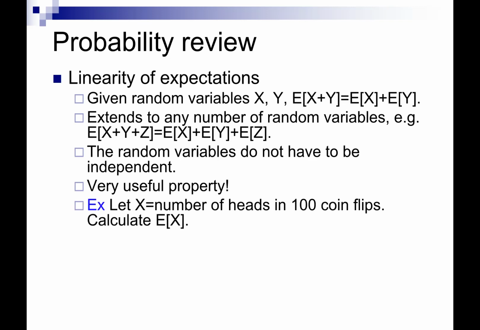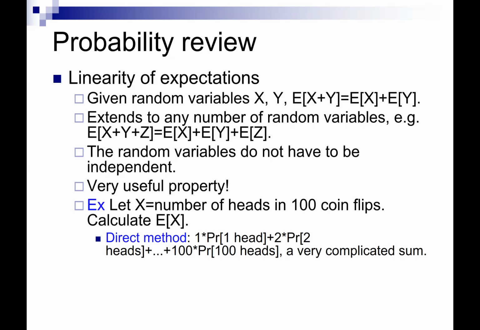Just to give an example of this, suppose we flip a coin 100 times and we want to compute the expected number of heads. So X is equal to the actual number of heads, and we want to compute the expectation of X. If we just use the direct definition of expectation, there would be a 0 term, but we can take that out because it's 0 times something.